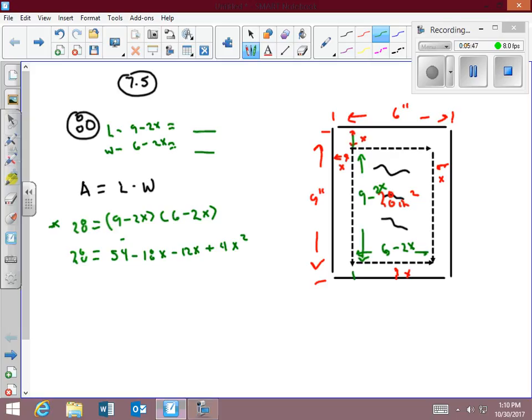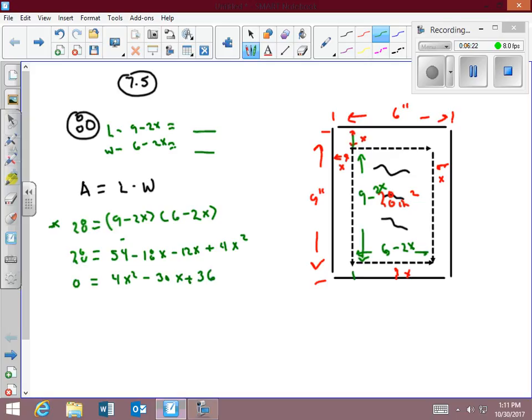Now what you want to do is get 0 by itself, and in the process write it in descending order with leading term positive. So I'm going to get 0 on the left, move that 28 over to the right, and write this in descending order. 4x squared. The minus 18 and minus 12 is minus 30x. And then I'm going to take the 28 away from the 54.